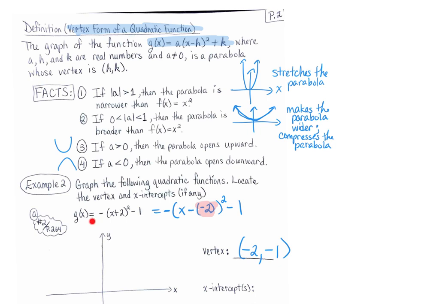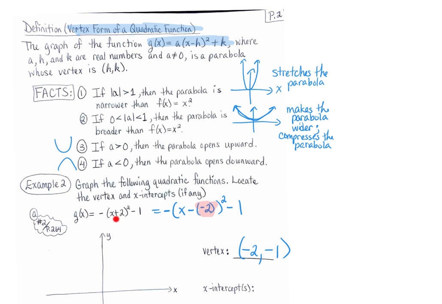The vertex form of a quadratic function is this blue highlighted form: g of x equals a times the quantity x minus h, quantity squared, plus k. Our function is given to us in this vertex form. The only difference is here we have x minus h, here we have x plus 2.